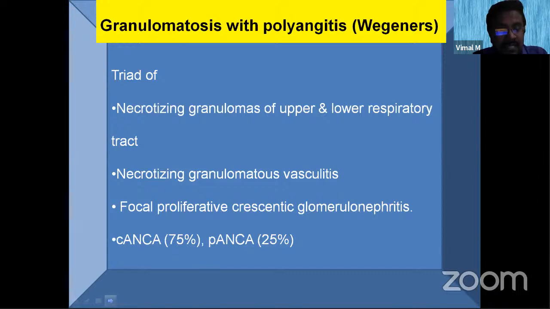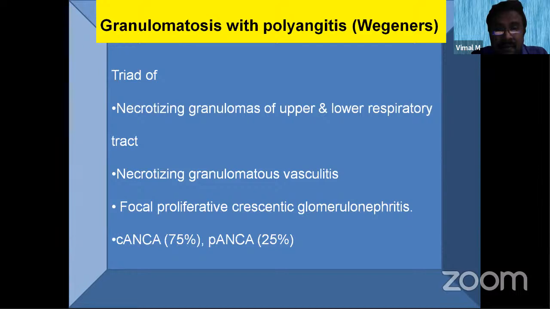I told you yesterday, and now also, that renal involvement will be there in Wegener's. So the patient will get focal proliferative, that is a proliferation of the kidney epithelial cells in the form of crescentic glomerulonephritis. What is the other name for crescentic glomerulonephritis?